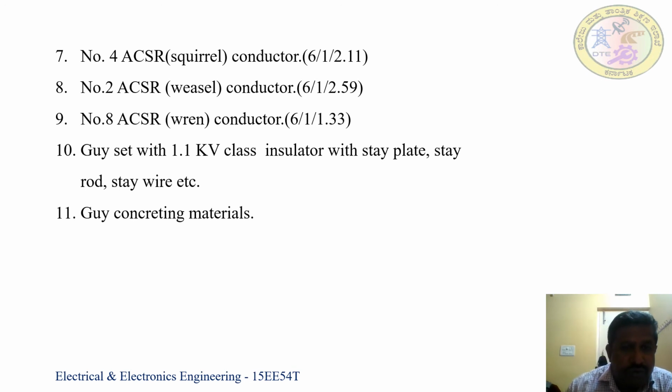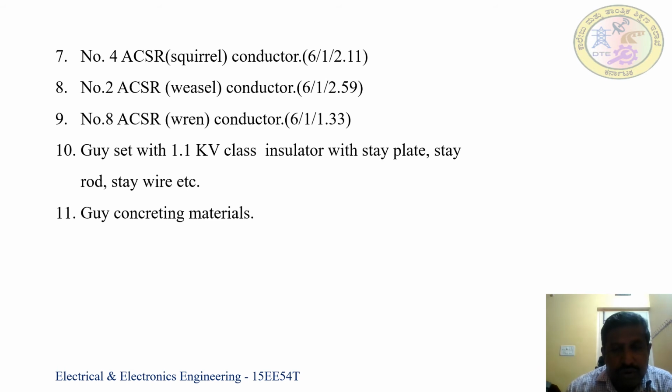Next item, if we go, that is number 2 ACSR conductor, that is dog conductor. So that is 6 numbers of aluminium, 1 number of steel, and both aluminium and steel conductors diameter is 2.59 mm. Next is number 8 ACSR or RAT conductor.